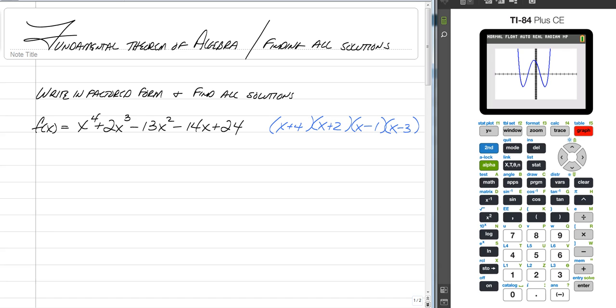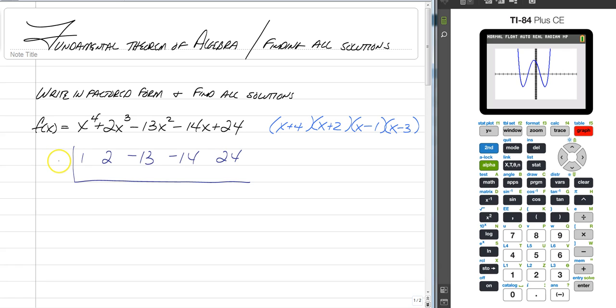But what if the graphing calculator didn't do all of that for us? You still need to know how to factor this by hand. And this is where we use synthetic division, but we use our graphing calculator to get us one of the zeros. So we know how to do synthetic division by now. We have a 1, 2, negative 13, negative 14, and 24.